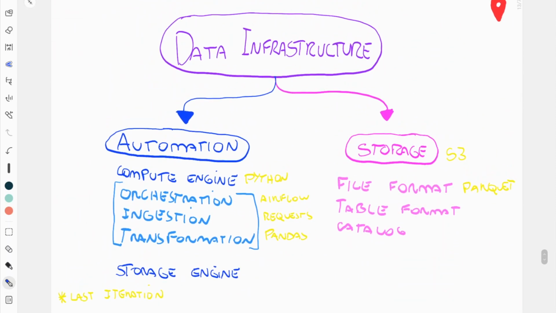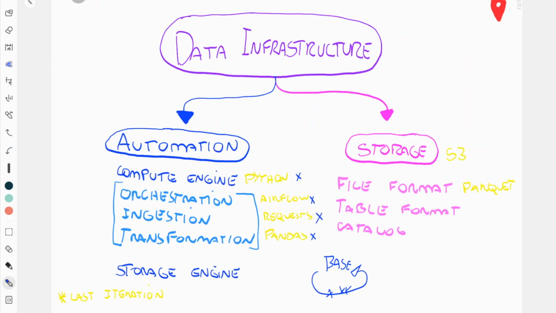So, looking at this diagram here, in the last iteration, if you're not aware, we explored one base data infrastructure, and the idea is to iterate through it and have improvements, so it has more and more value. We used Python and Airflow for orchestration, and for ingestion, requests, which is a library in Python, and also pandas.